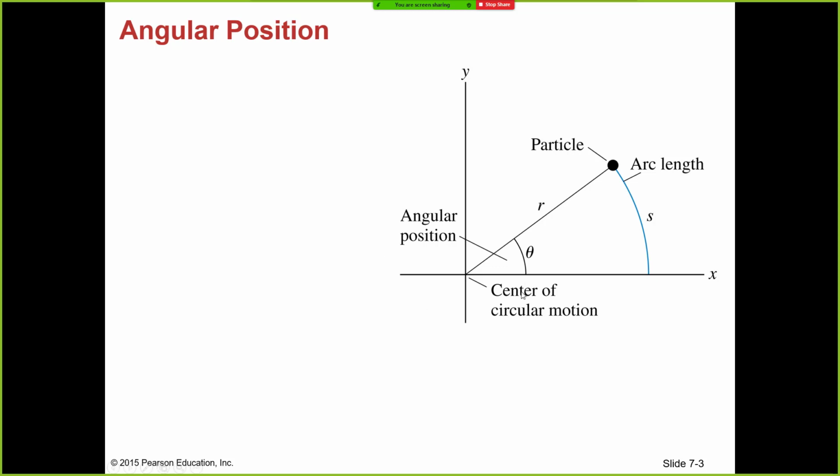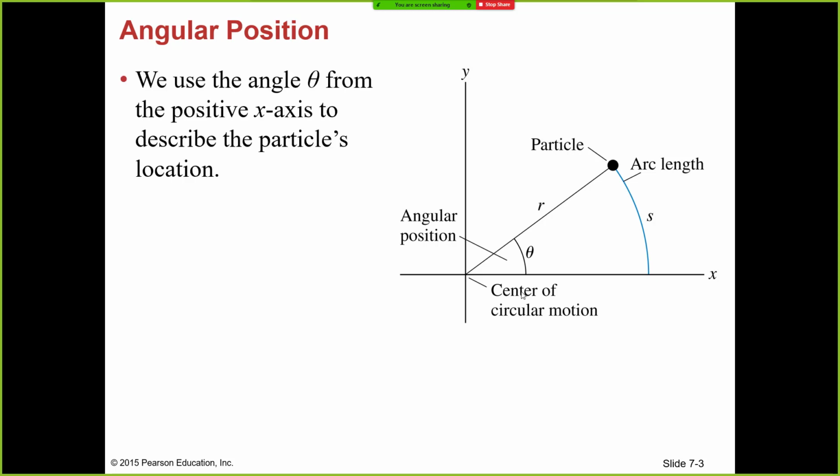So the first quantity that we use to explain or to describe rotational motion is angular position. Angular position is where the object is with respect to the angle, okay, with respect to some reference line.